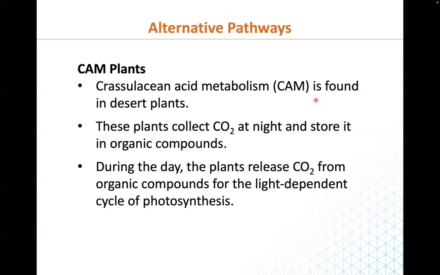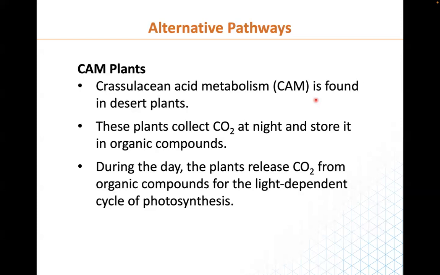But the plant knows that if they open the stomata in the day, they will lose a lot of water. So they collect the CO2 at night and store it in organic compounds. During the day, the plant releases the CO2 from the organic compound within the system without opening the stomata and uses it for the light-dependent cycle of photosynthesis.